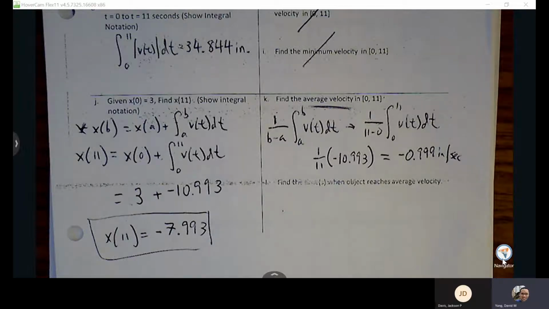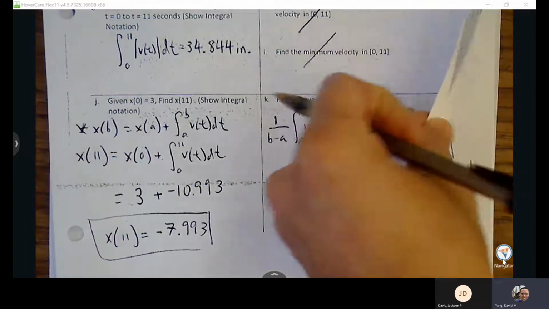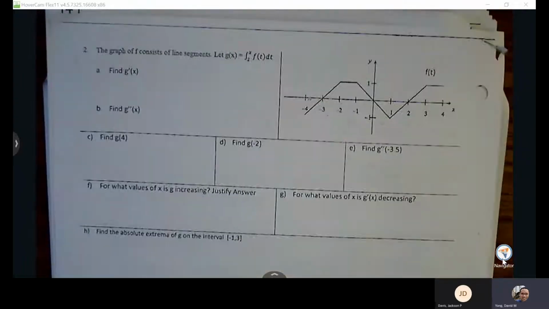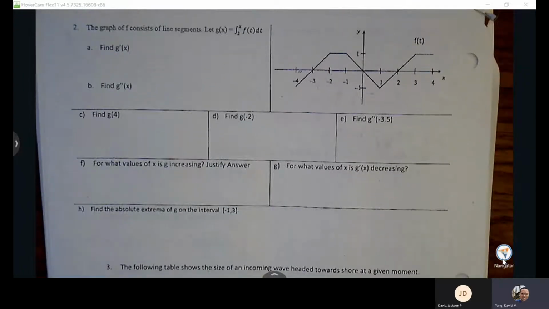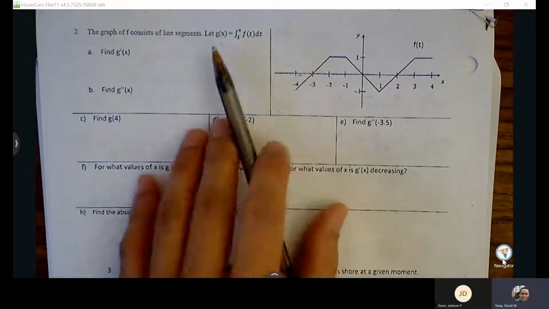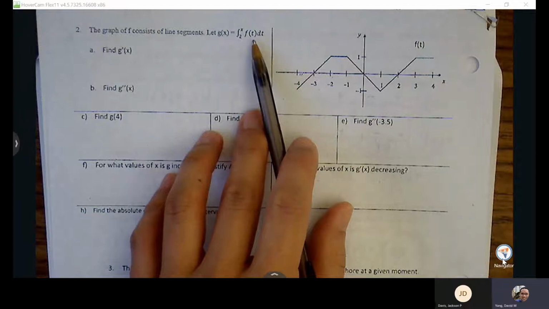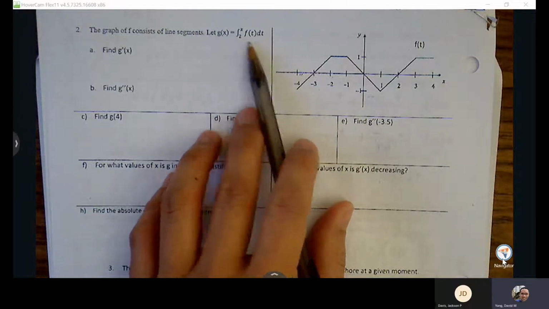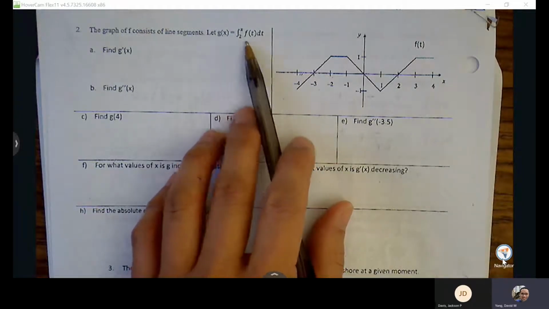Let's go to the back. Okay, so here we have f of x or f of t given, and we're showing that relationship between g and f.